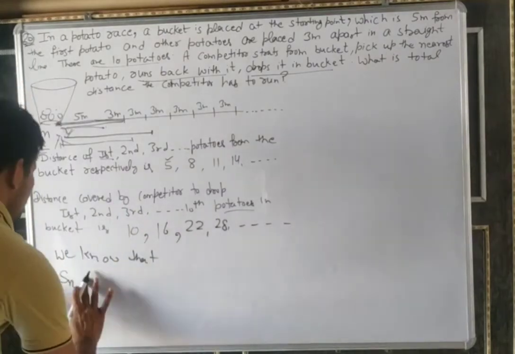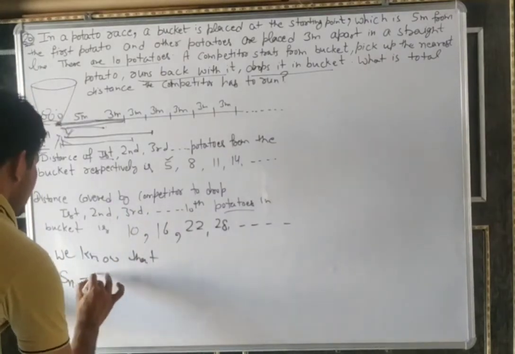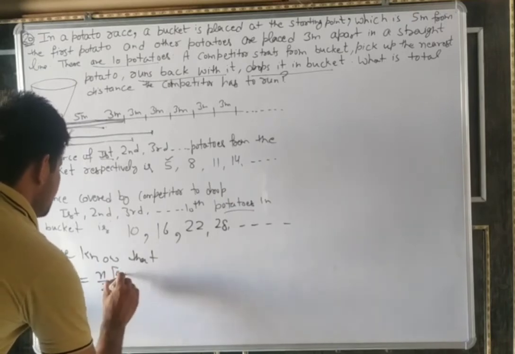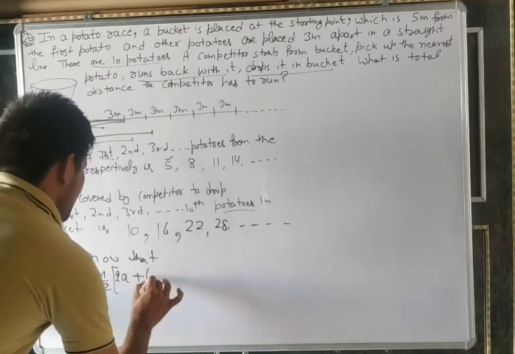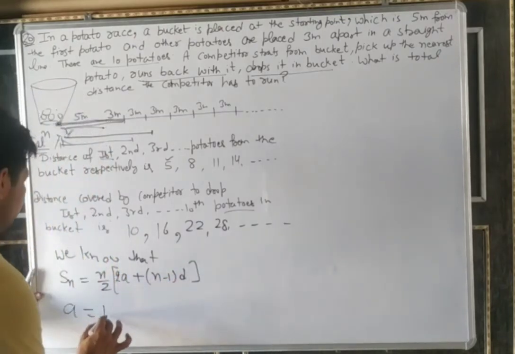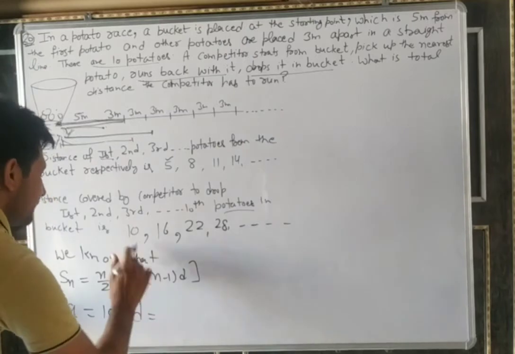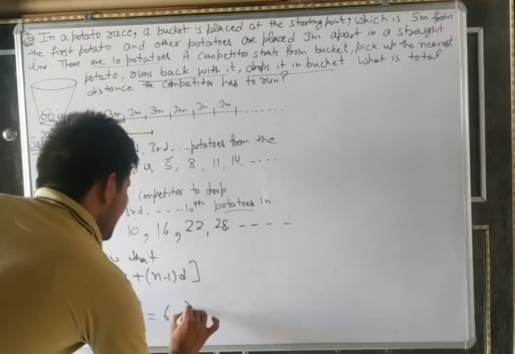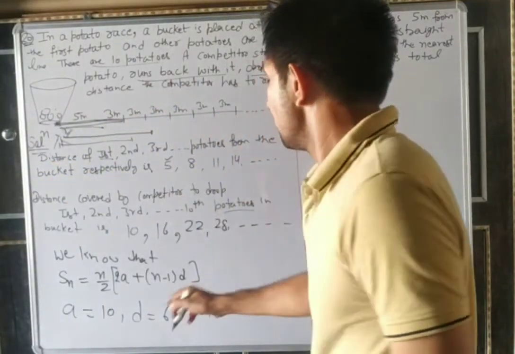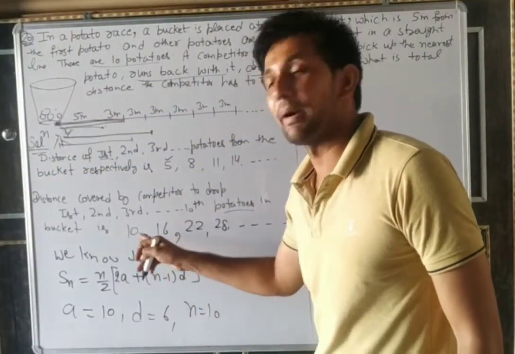So Sn equals n upon 2 bracket 2a plus (n minus 1) into d. You can write a value 10, d value 6, and n value 10. Understand dear? D is 6 or not? 16 minus 10 is 6.